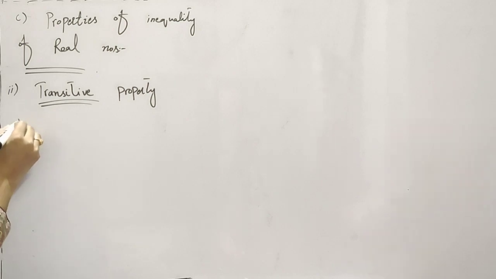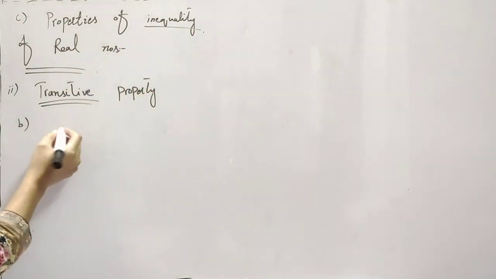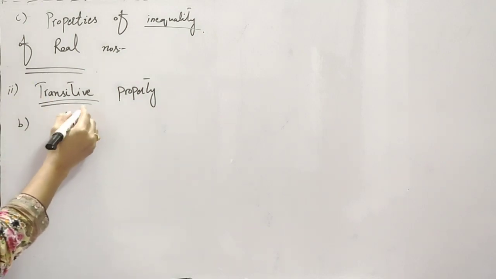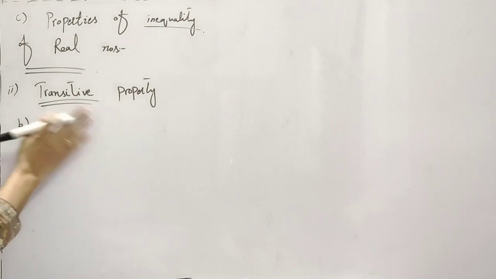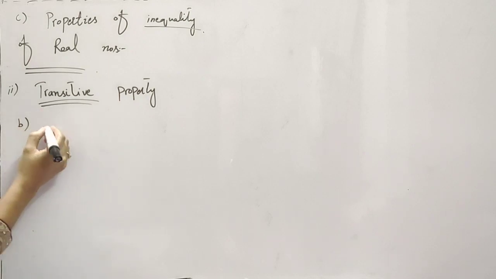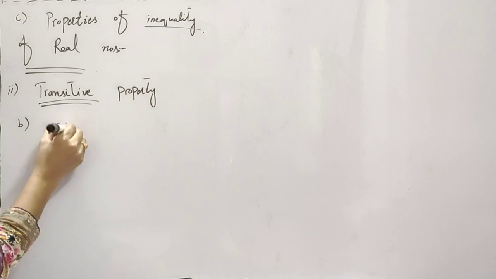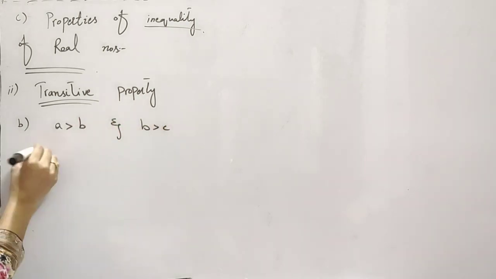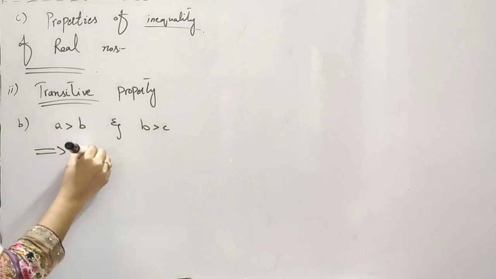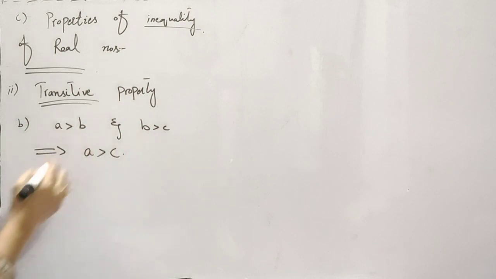Now the B part of the transitive property. Because this is inequality, and the inequality signs are two, either less than or greater than, the transitive properties are also two. So if a is greater than b and b is greater than c, it implies that a is greater than c.